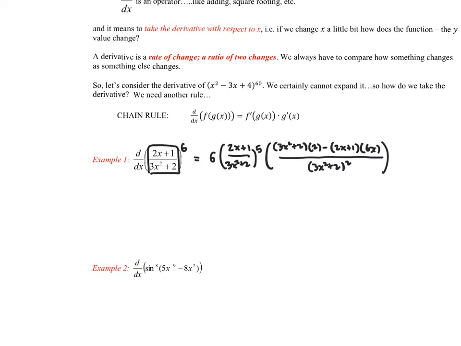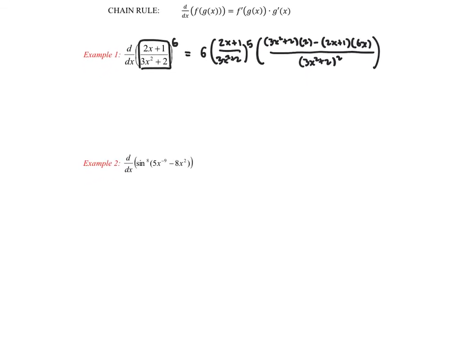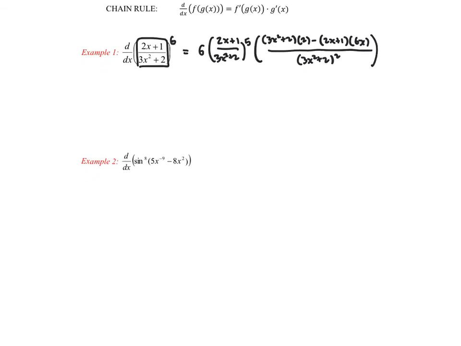Actually, I might just leave it right like that and kind of leave the rest to the imagination. To some extent, there might be instructions given within a specific question as to get it to fully simplified form or something like that. Today, of course, like the other rules, I just want to solidify how to do the mechanics of this chain rule.